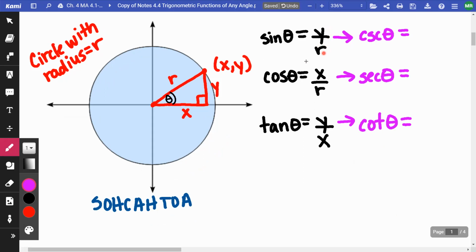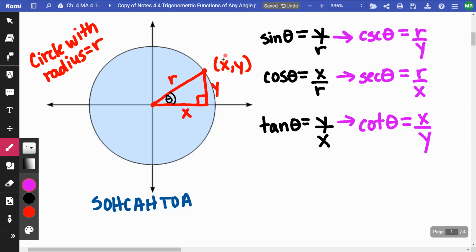If my sine is y over r, my cosecant is r over y. If my cosine is x over r, my secant is r over x. And if my tangent is y over x, my cotangent is x over y.